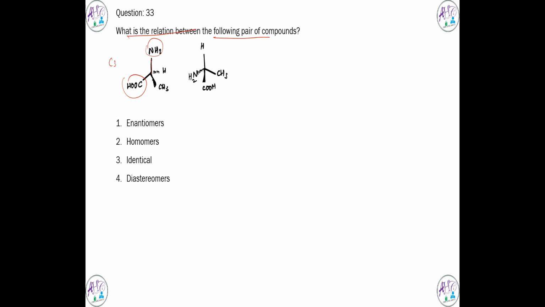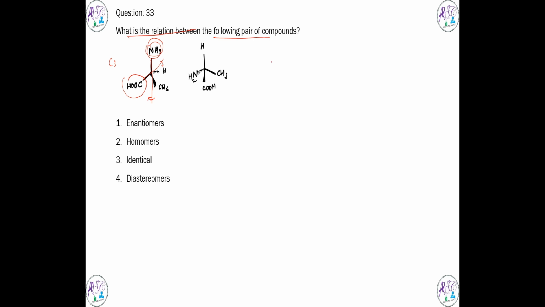C3 means with this, or you can use a C3 axis in any other direction also. Either you can keep NH2 as the axis, or you can keep acid as the axis, or any other group as an axis, which means that if I keep NH2 as the axis, the other three will be changed, but your NH2 will not be changed.